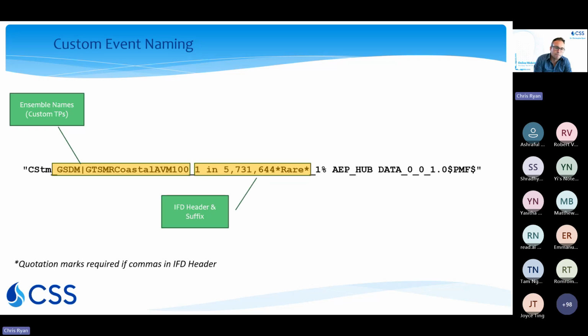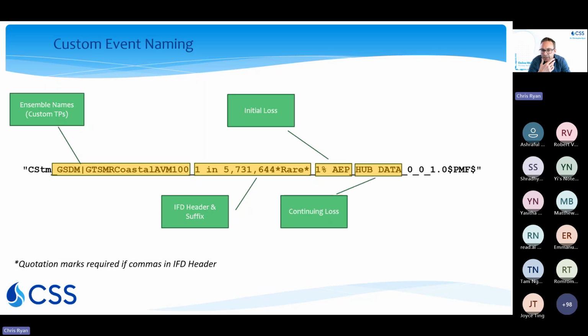The next is the IFD header and suffix. So this is saying what column in the IFD locations we want to use for our rainfall. And if that data is in one of the rare rainfalls, we should put the suffix there too, so Storm Injector knows where to look. The next is the initial loss you want to use and the continuing loss. In these cases, they're set to the same as the 1% and the continuing loss from the data hub, subject to any overrides you might put in your settings tab.